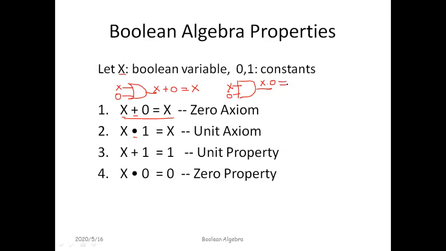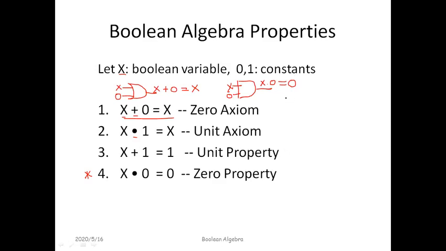For this operation, whenever one of the inputs is a 0, then the result will be a 0. We're not following the order, let's say. So when one of the inputs of the AND gate is 0, then automatically the answer will be 0.